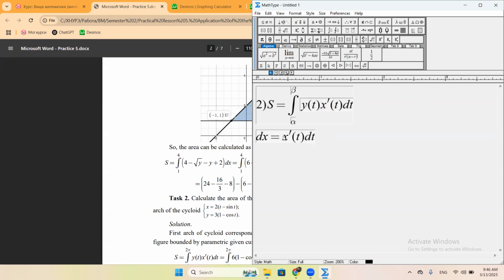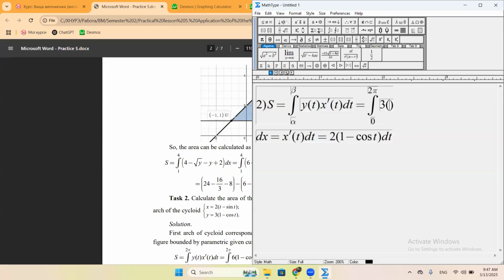So let's find dx in our case: 2 multiplied by (1 minus cosine of t) dt, from 0 to 2π. Let's multiply.